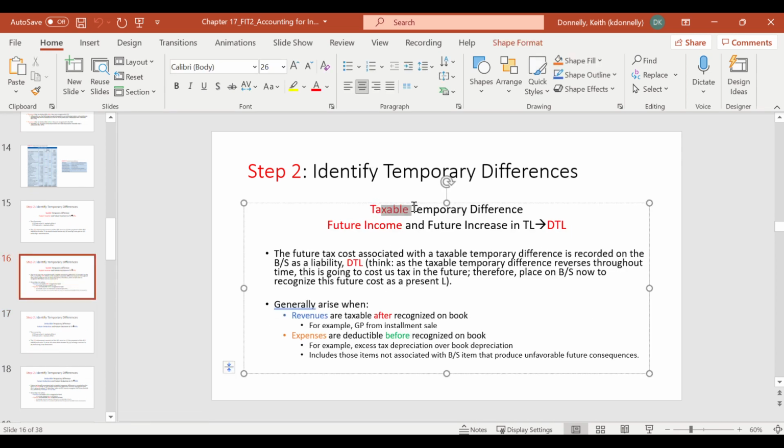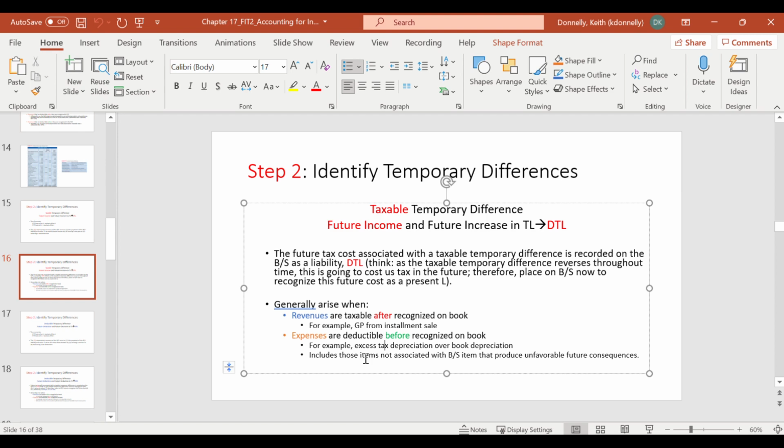If they're a taxable temporary difference, they're going to basically give rise to future income, which is going to create a deferred tax liability. So, for example, if we use the tax depreciation, this is always the simplest one to begin with. In these cases, excess tax depreciation over book, basically the idea here is we get the benefit now, but in the future we're going to get taxable income.